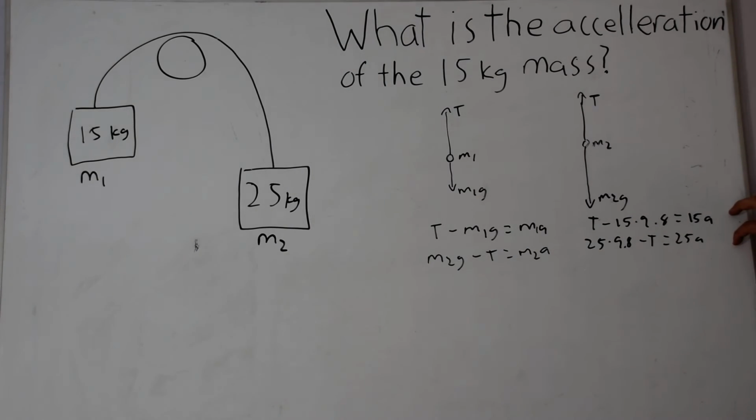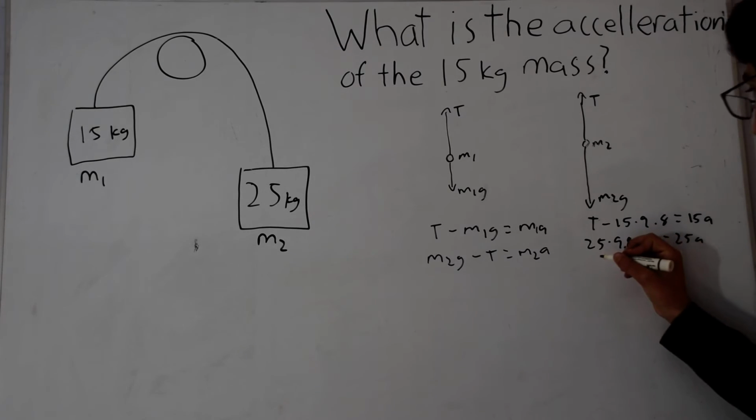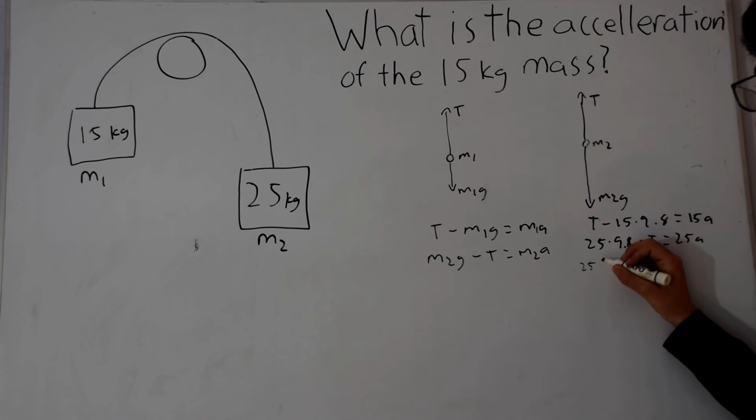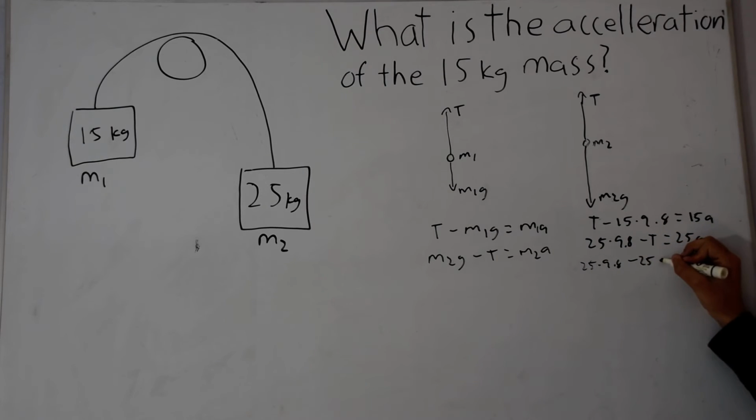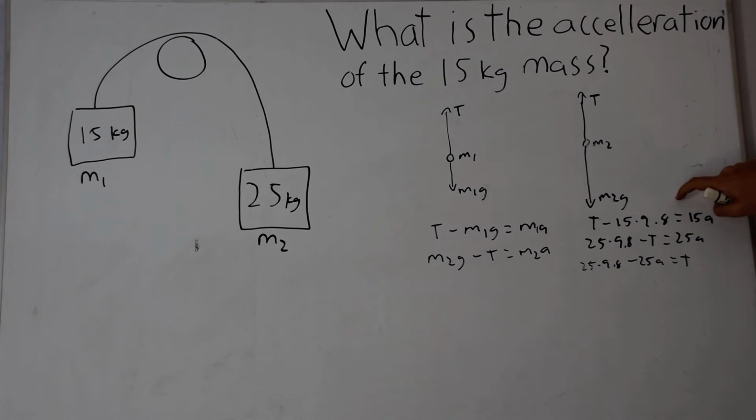Okay, so I have a system of equations with two variables, and I want to find what's the acceleration of the 15 kilogram mass. So let's isolate for tension in this second equation. So 25 times 9.8 minus 25a equals tension. And then let's plug this T, tension, into this equation.